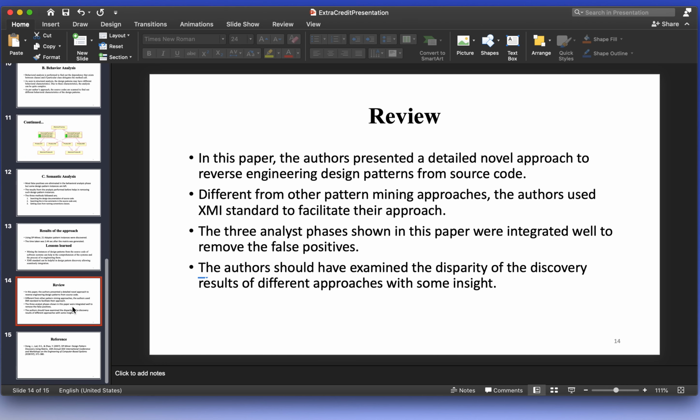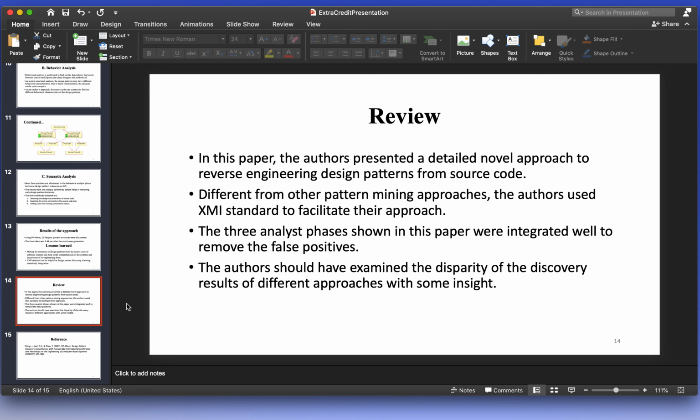Alright, so this is the final review. In this paper, the authors presented a novel approach to reverse engineering design patterns from source code. They introduced weight and metrics that facilitate the pattern matching process as arithmetic computation.